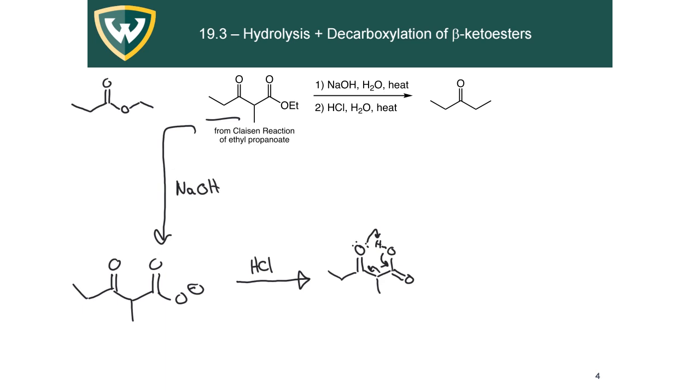This acid can undergo decarboxylation through the mechanisms we discussed in chapter 17 to give the enol. And the enol quickly isomerizes to the ketone product. So again, this is identical to the previous slide. However, it's worth noting that Claisen self-condensation products can generate these symmetric ketones selectively through this added sequence.